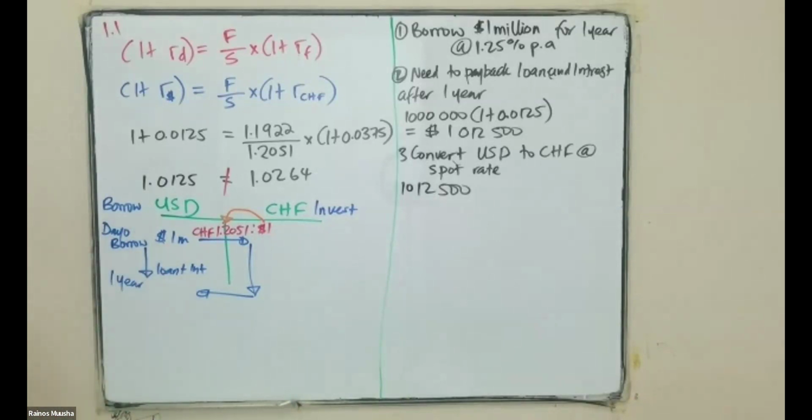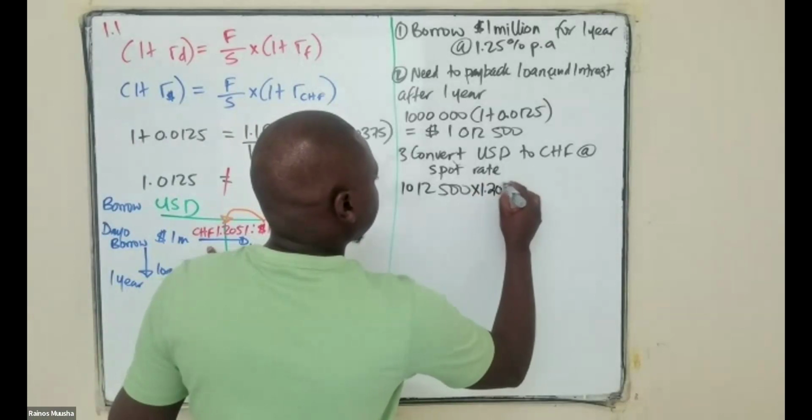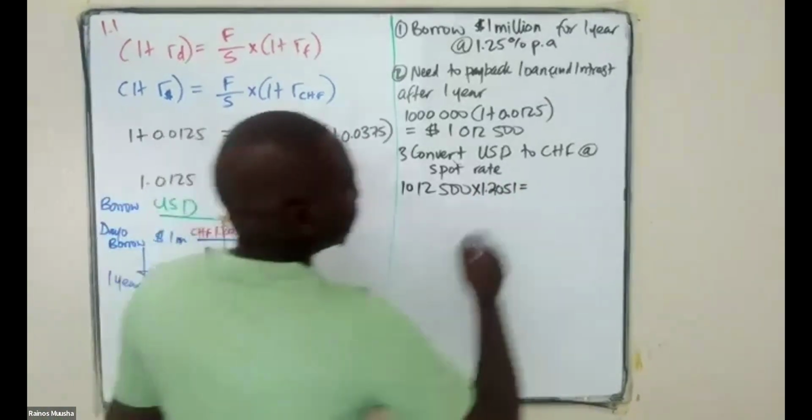So for us to end up with more units, given this exchange rate, should we multiply or divide? Multiply. So in this case, we should multiply by the exchange rate of 1.2051.